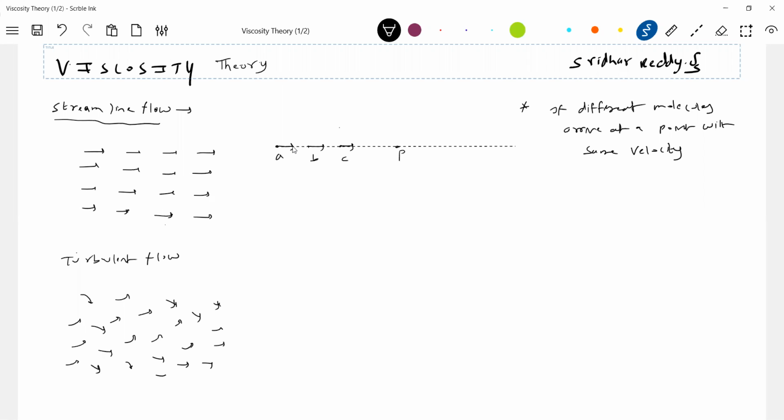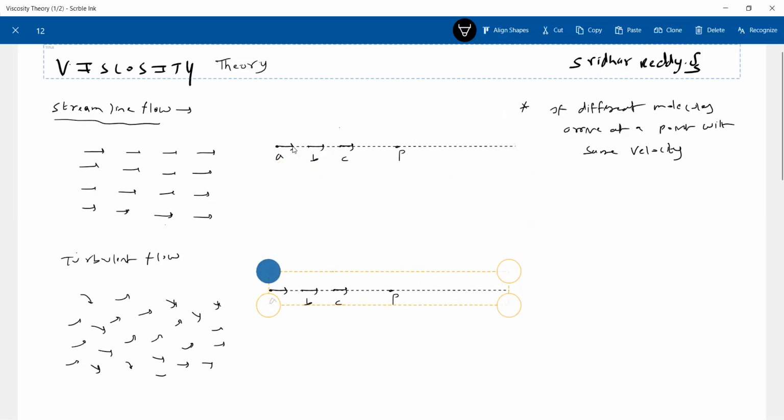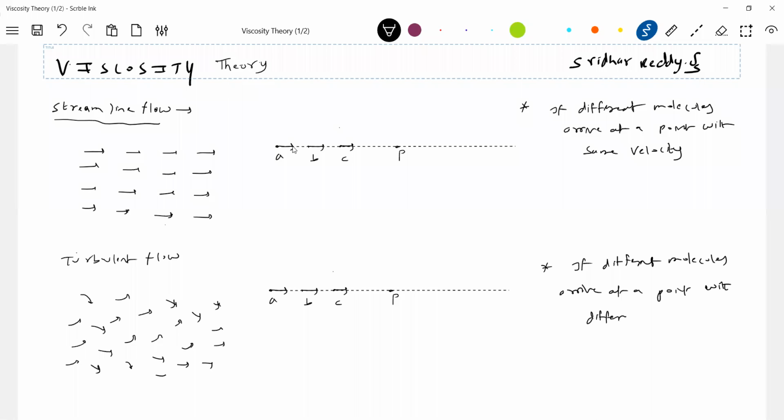So here, if different molecules arrive at a point with different velocity, it is said to be turbulent flow.